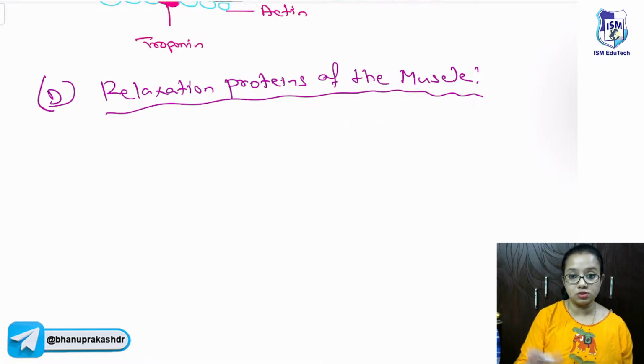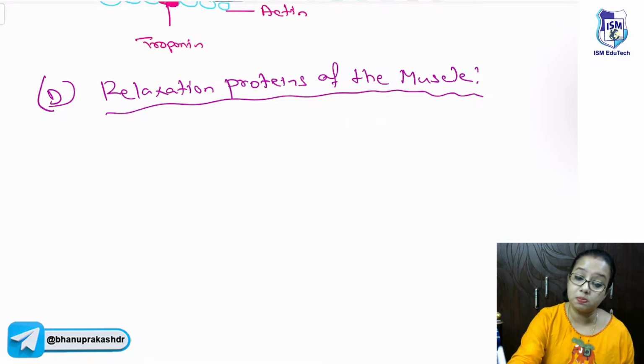It is true that calcium and the binding and unbinding of actin and myosin carry out the contraction and relaxation. But additionally, there are proteins which are pumps in nature, which remove the excess calcium so that in the presence of calcium, a premature contraction should not happen.